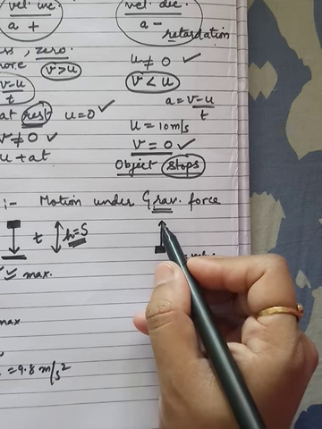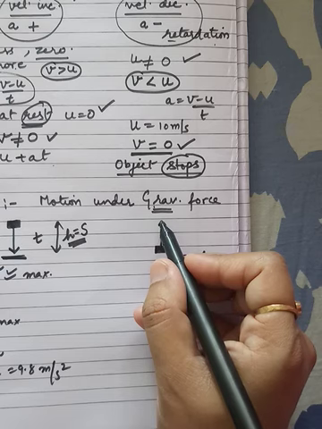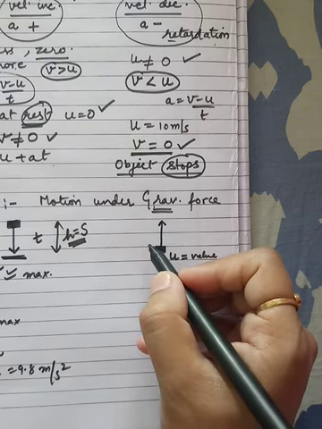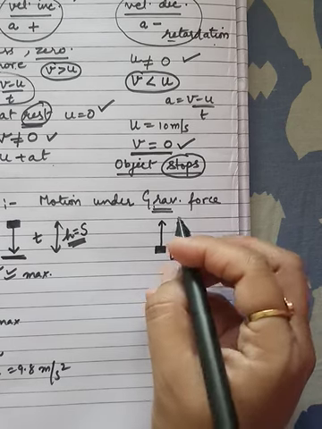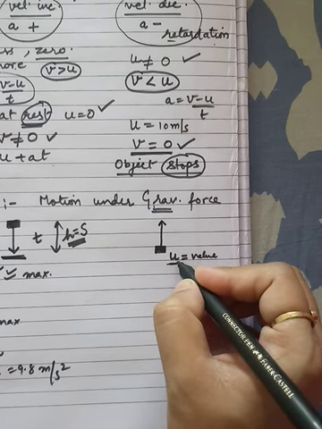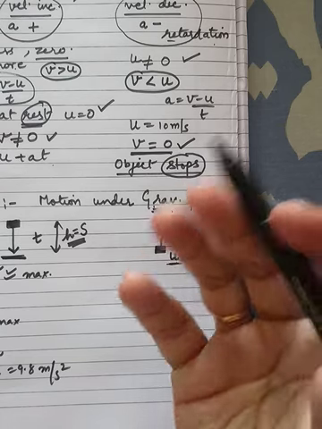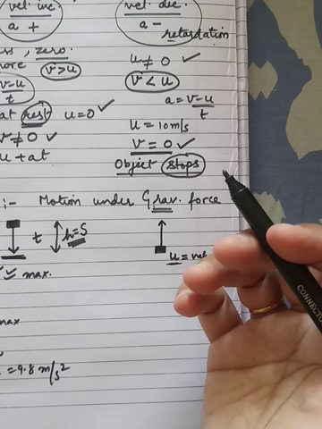It will go upward, and after some time, because of the gravitational force which is pulling the object in the downward direction, the initial velocity of this object goes on decreasing, because the object is moving upward, against the gravitational force.